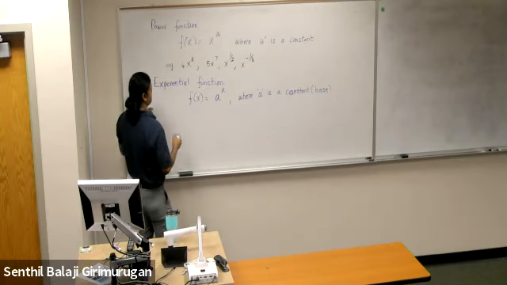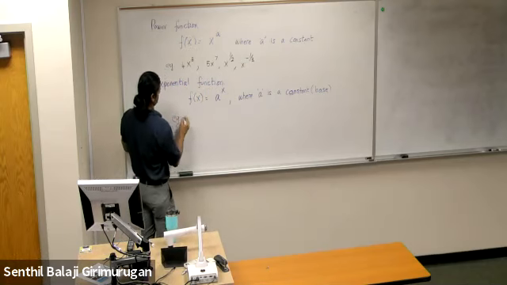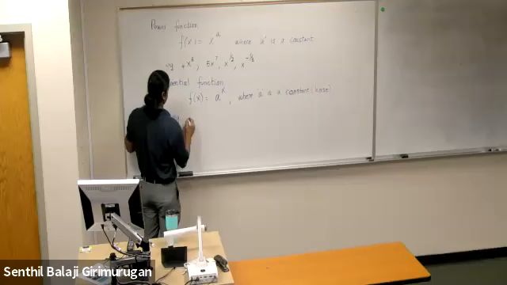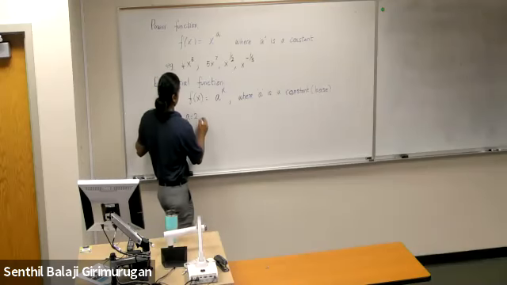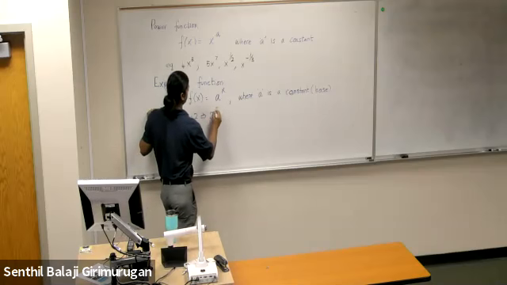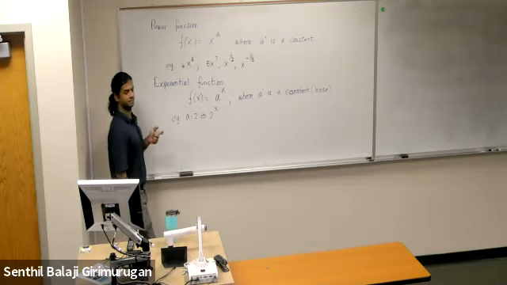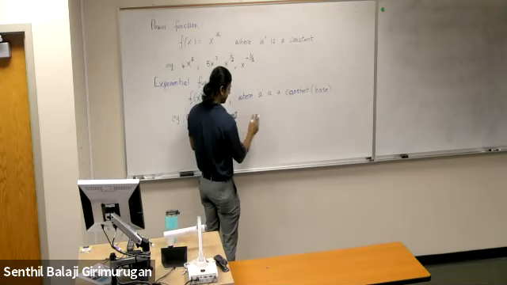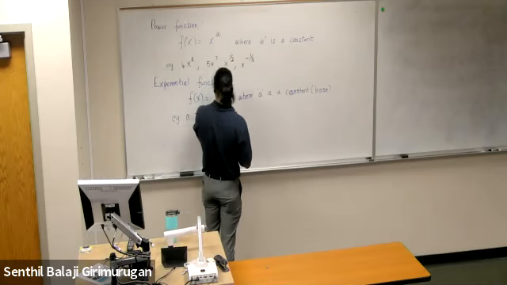So if a is 2, we will get 2 raised to x. Yes? If a is 3, we will get 3 raised to x, and we can keep on going.